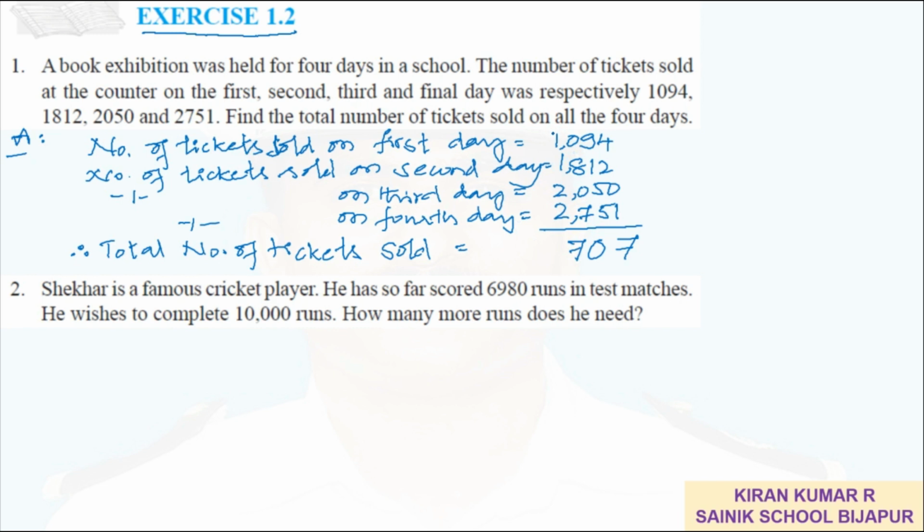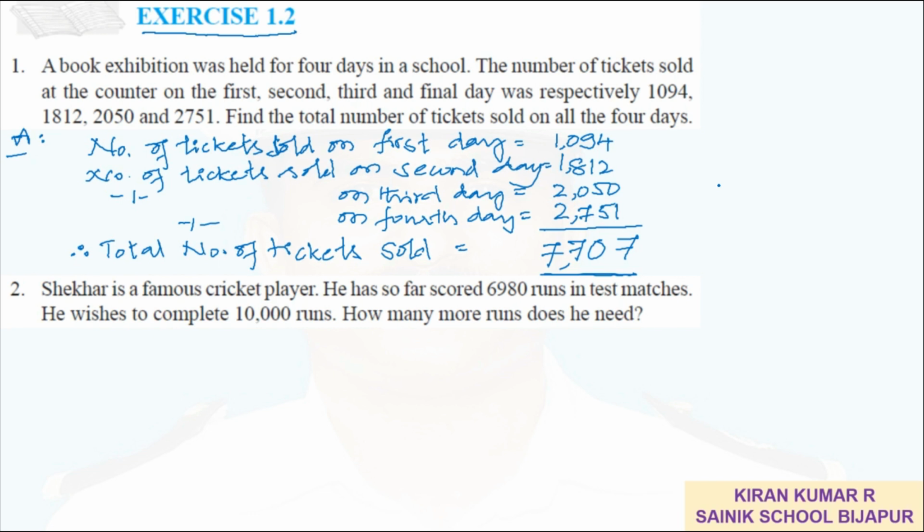So 1 is carried forward, 1 plus 1 is 2, plus 1 is 3, plus 2 is 5. 5 plus 2 is 7. So 7707 were the number of tickets sold on all the 4 days. Let's look into the next question.